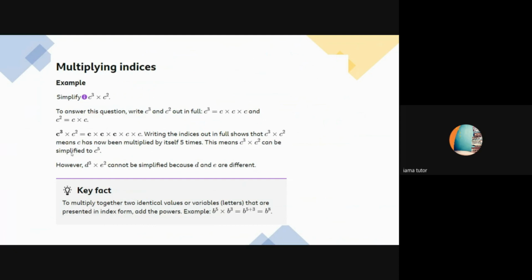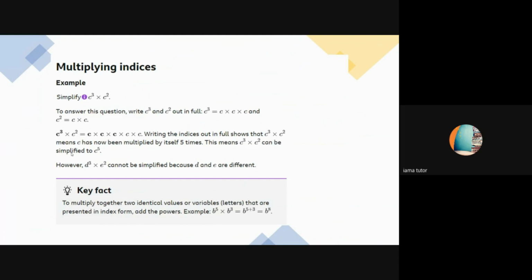Again, multiplication of indices is only valid when the bases are the same. If you have different bases, you cannot apply the law of multiplication of indices.